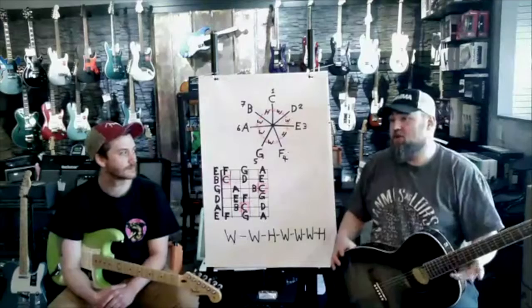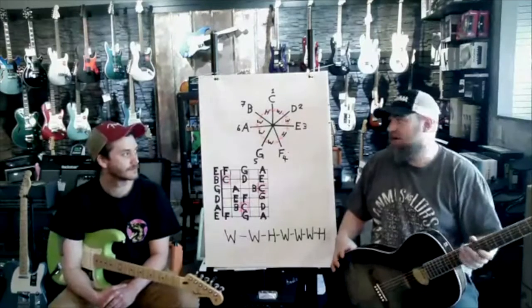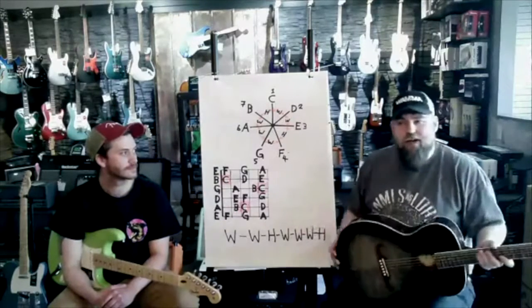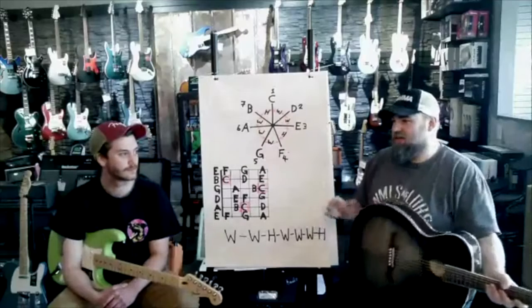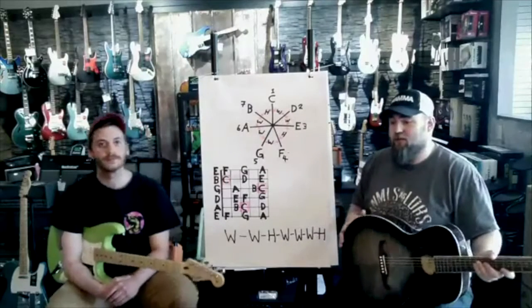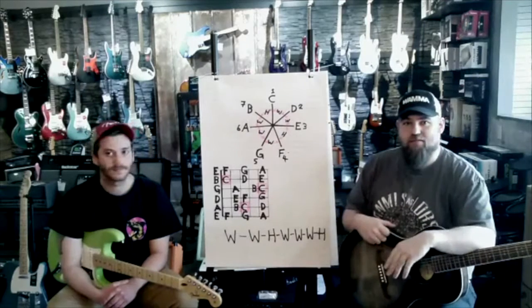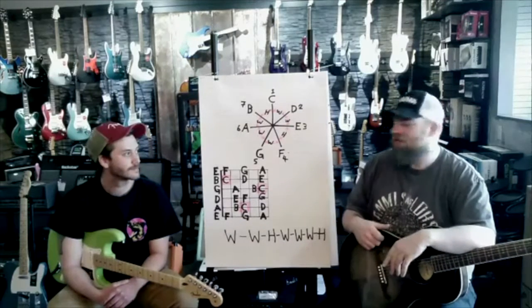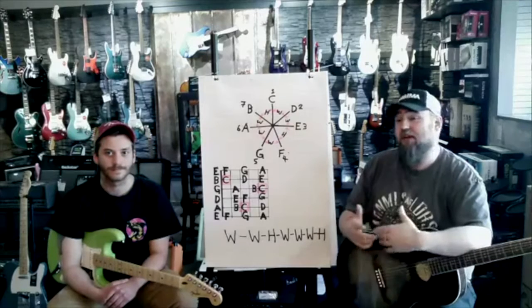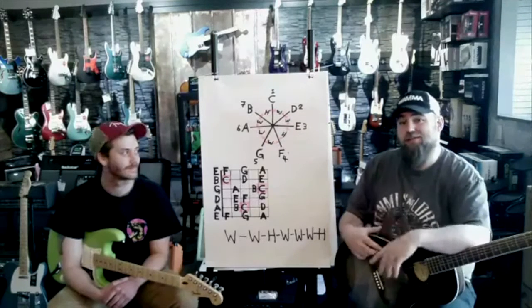Or if I don't know the song and people want to jam over it, like it's in the key of E minor, how do I play along? This next lesson is really going to help you out with that quite a bit. You'll be able to gain the skills to improvise and even create your own music within a key.